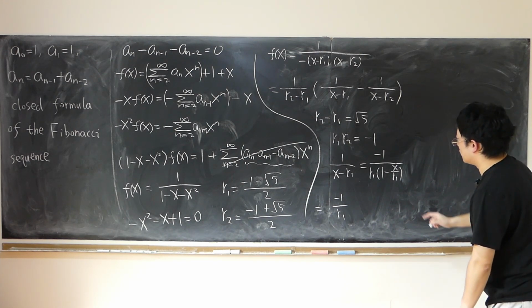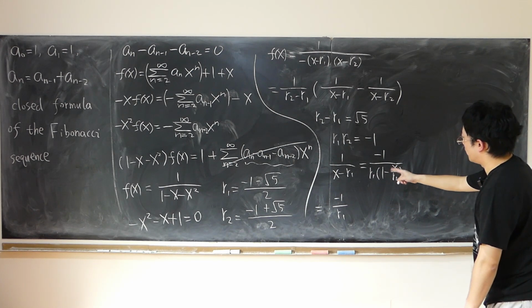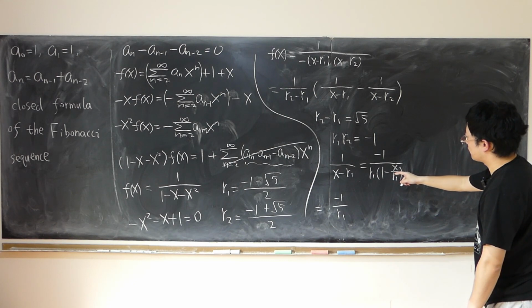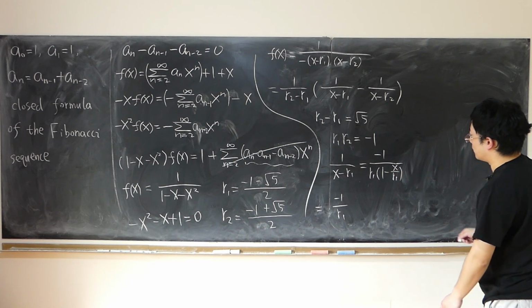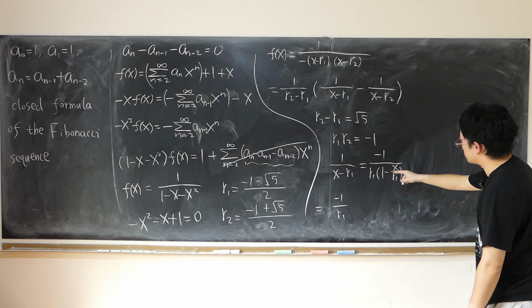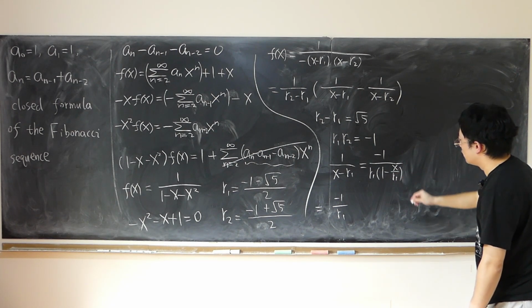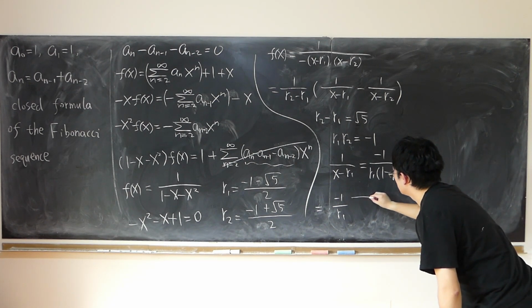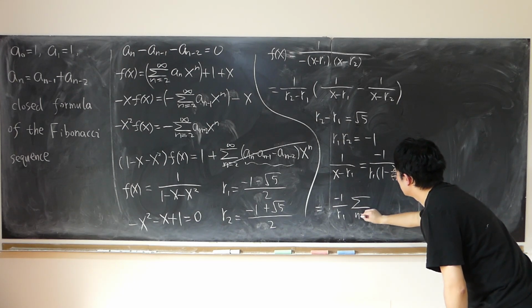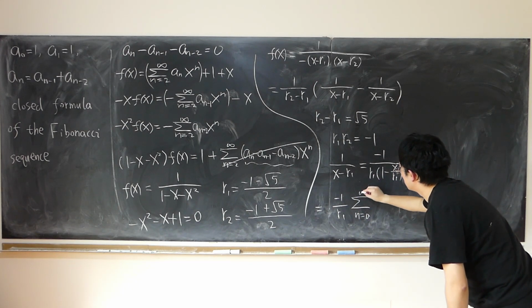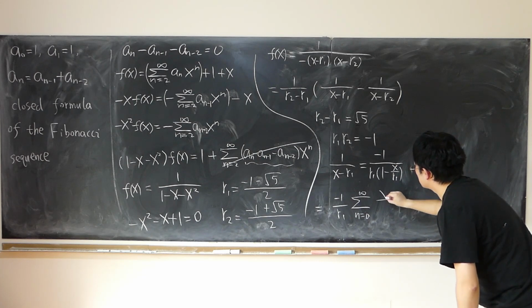And so this is a geometric series. Right, x over r1 is the common ratio. I imagine 1 over 1 minus x over r1, the common ratio. So the infinite sum, n from 0 to infinity, common ratio x over r1 to the n.